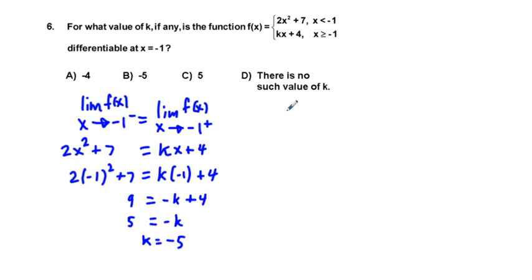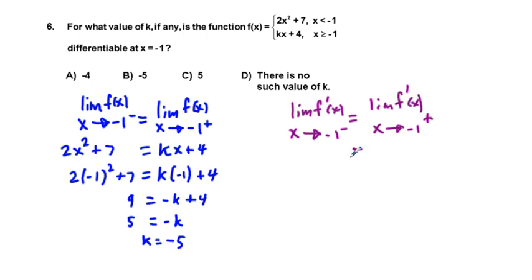Okay, now for differentiation, we'll have to say this time the limit as x approaches negative 1 of not f of x but f prime of x is equal to the limit as x approaches negative 1 from the right side of f prime of x, and we'll just take these derivatives.